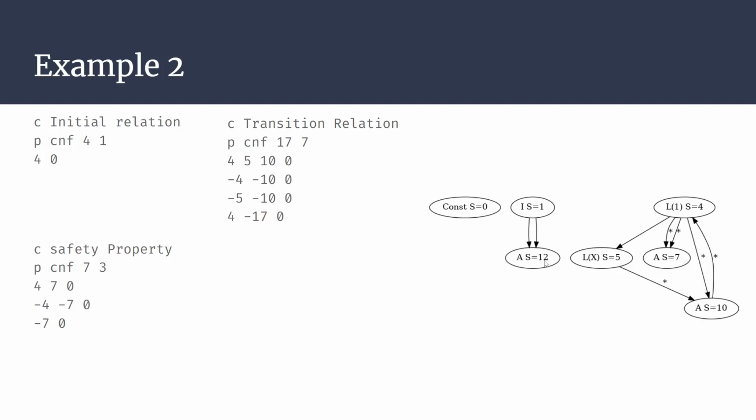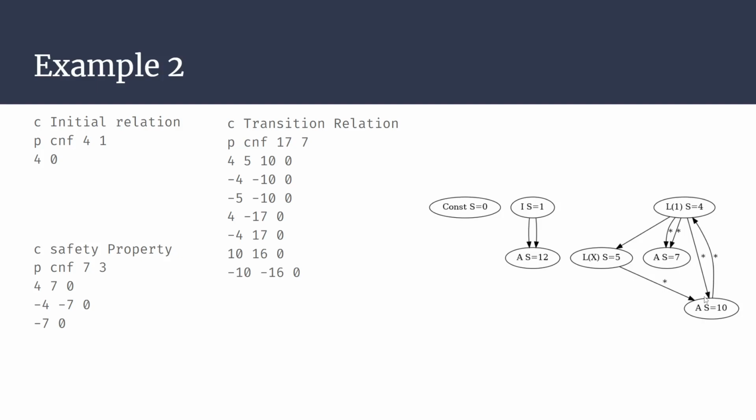And make sure that 17 is equal to 4 from the previous cycle. So we add 2 clauses that make sure that 4 and 17 are the same. Okay, and then we do a similar thing to the next state of S4, which would be 4 plus 12, which is 16. So 16 and 10 need to be different because we have a negation on this edge right here. And that's what these 2 clauses do.